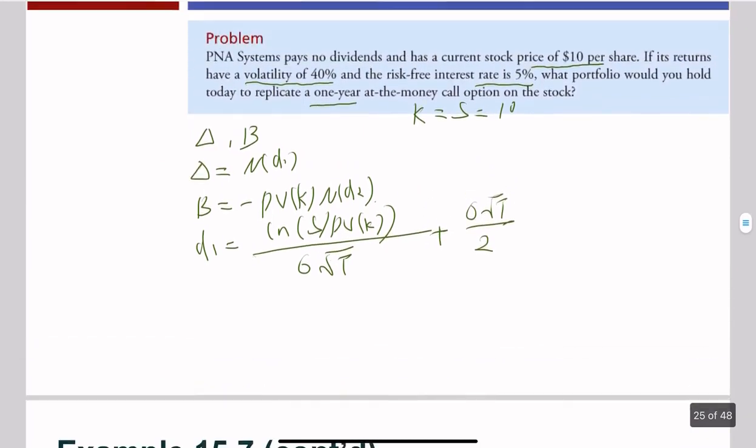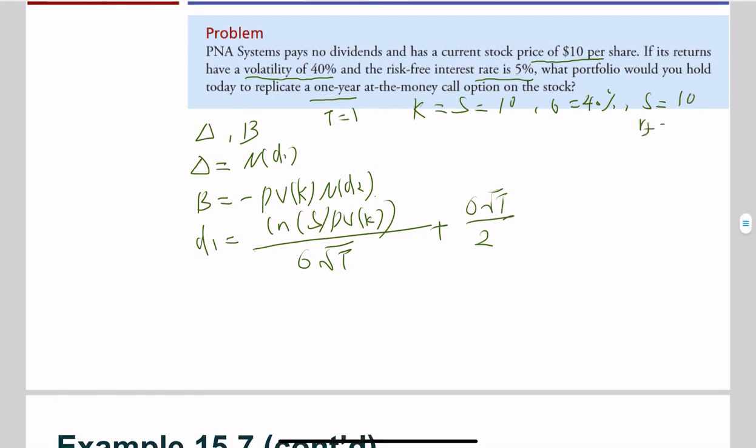Okay, good. What you can see here is we have T, T equals 1. And we have sigma, sigma equals 40%. And we have stock price, which is 10. And we have risk-free rate, which is 5%. So you can basically directly plug in these numbers, except you have to find out PVK.